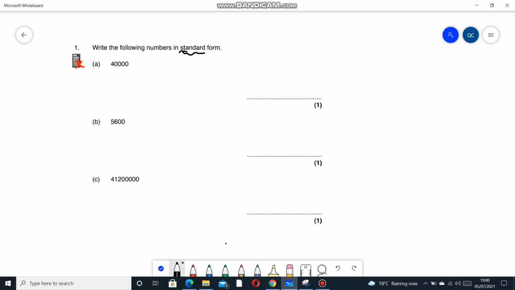A standard form is a number which is written between 1 and 9, where 1 and 9 are inclusive. Remember that they are inclusive numbers. Times 10 to the power of any number. So any number which is very, very small or very, very big is written in this format, and that would be called the standard form.